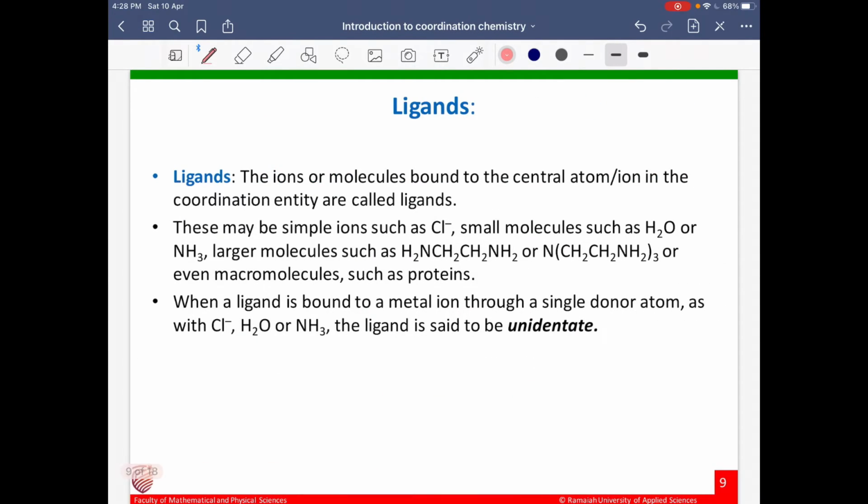Ligands. The ions or molecules bound to the central atom or ion in the coordination entity are called ligands.